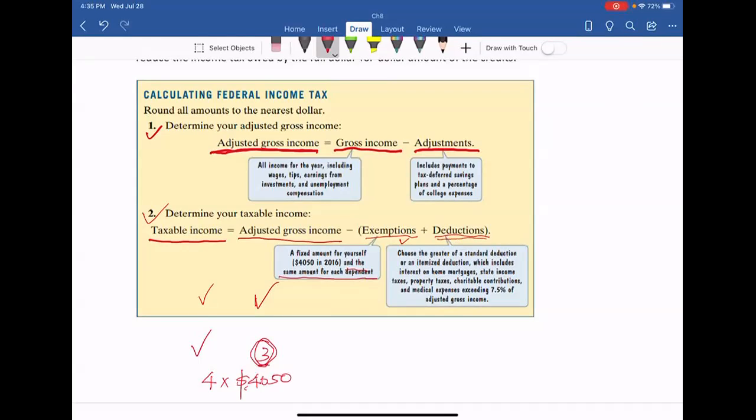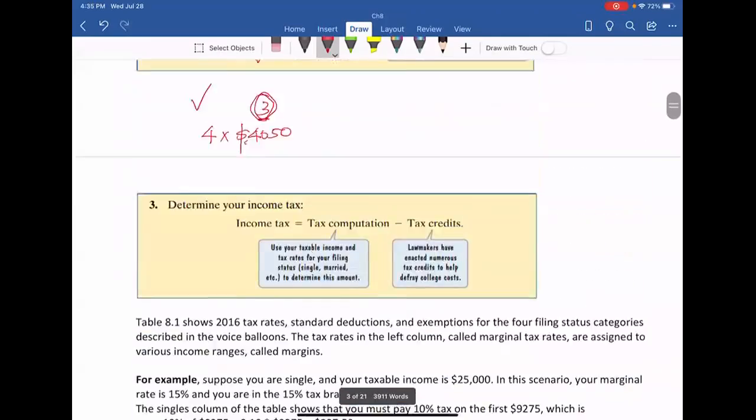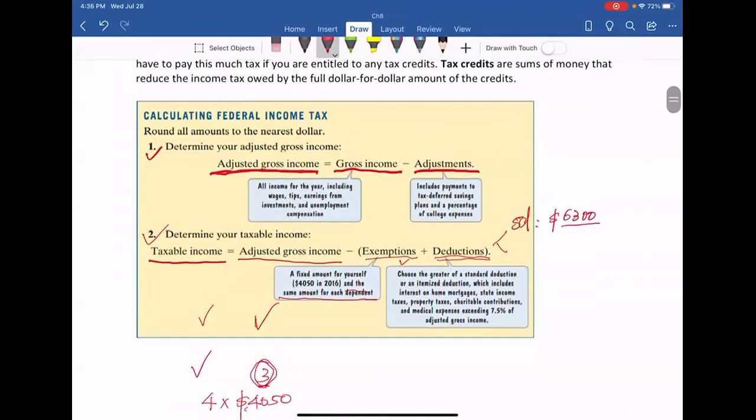Okay, the deduction part has 2 kinds of deduction. One is the standard deduction. We can find it from the table. The table provided us is 6,300. Let me check. Right, it's 6,300.